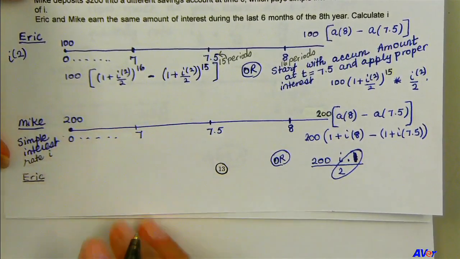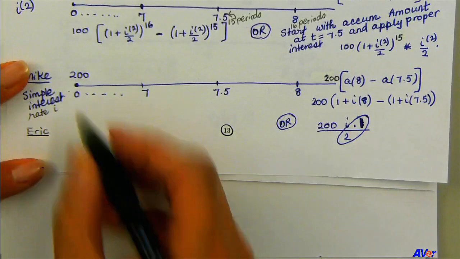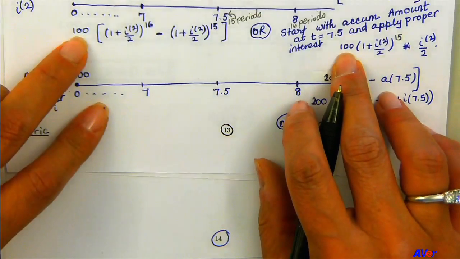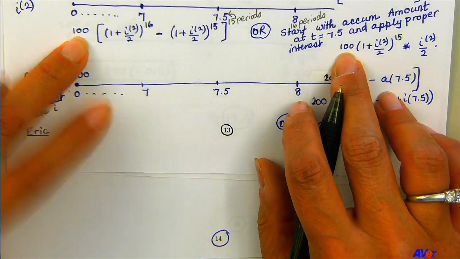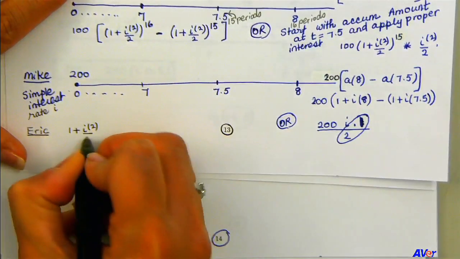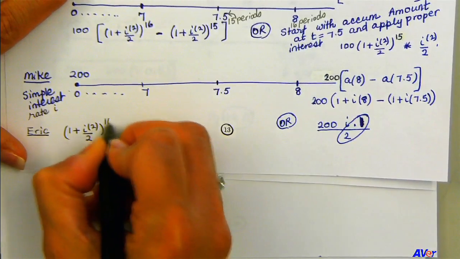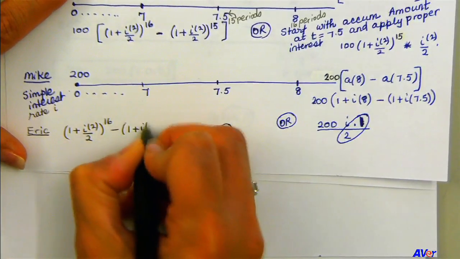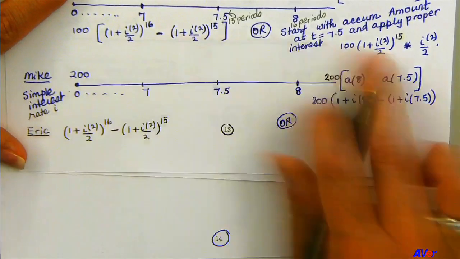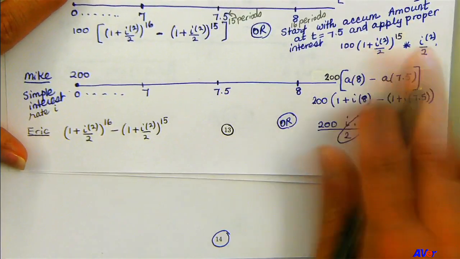There's a 100 and a 100 here, so I don't have to get involved with that. I want to show that 1 plus I2 over 2 to the 16 minus 1 plus I2 over 2 to the 15 is in fact equal to this mess right here.